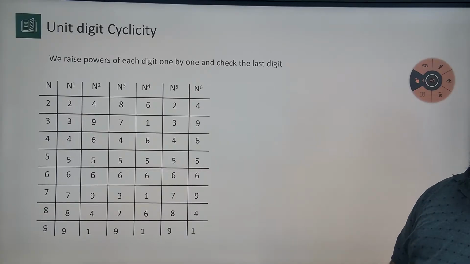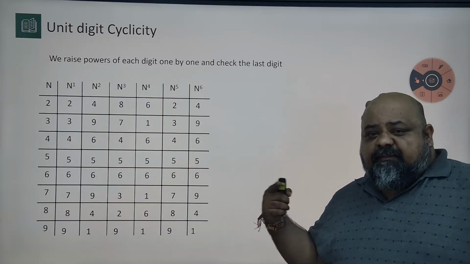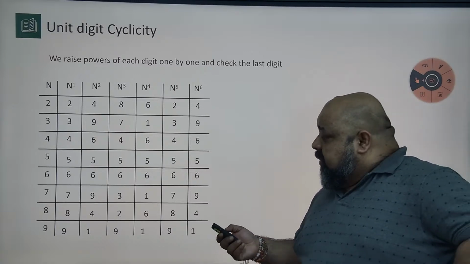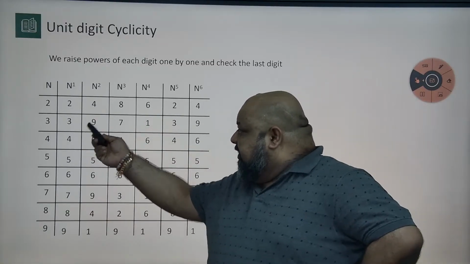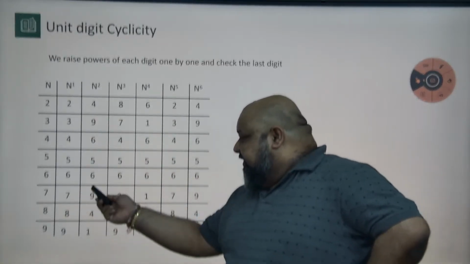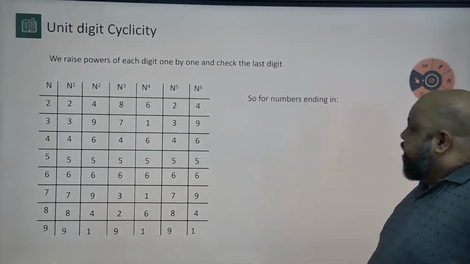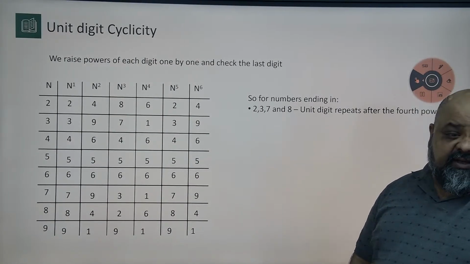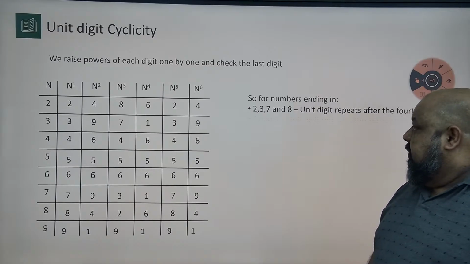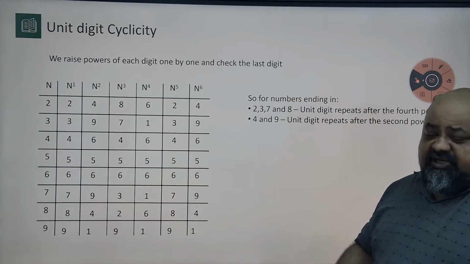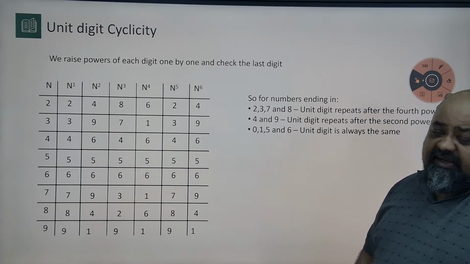So now if I look at the cyclicity of unit digits of power of every number, you will see that 2 repeats after 4 steps, 3 repeats after 4 steps, 7 repeats after 4 steps, 8 repeats after 4 steps. If I look at 4 and 9, they repeat after 2 steps. 0, 1, 5 and 6 always have the same number in the end.